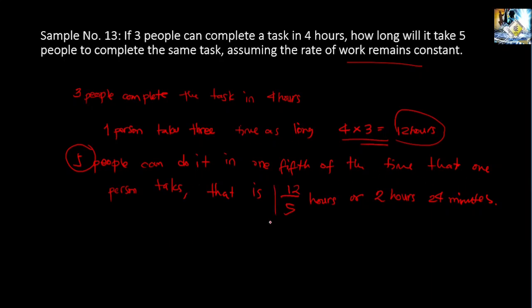So finally, to complete the task it requires only 2 hours and 24 minutes for 5 people, since the more people, the more quickly the task is done. So it's inversely proportional, and it's correct.